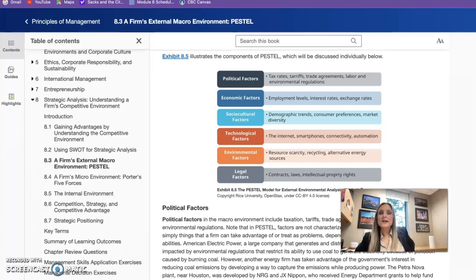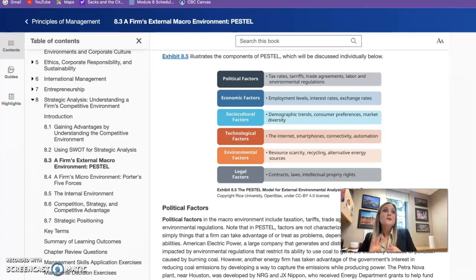Economic factors, all right, so your employment levels. I think one thing that we've been going through in our economic environment lately is that people are having a hard time keeping employees, and this has been a since-COVID thing. Interest rates, our interest rates have skyrocketed right now.